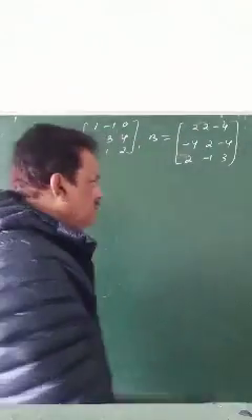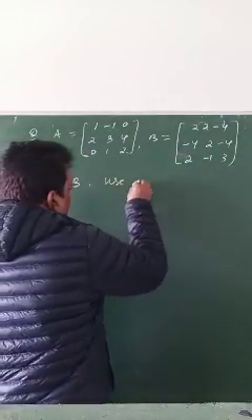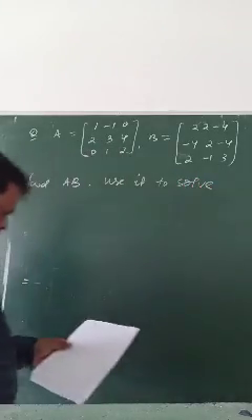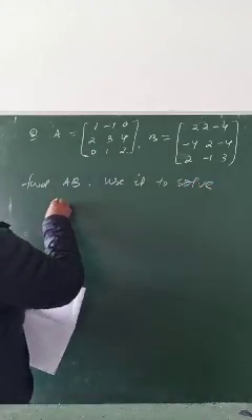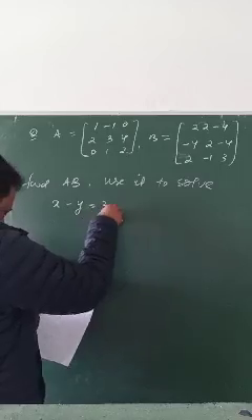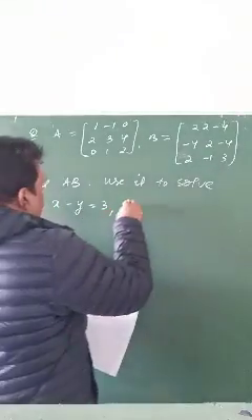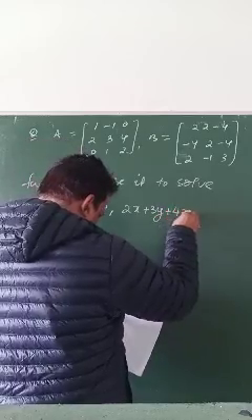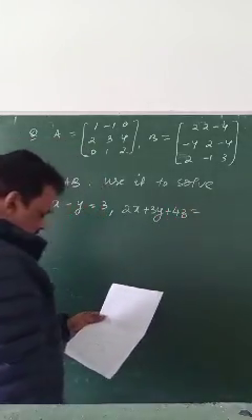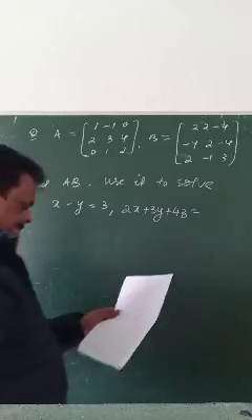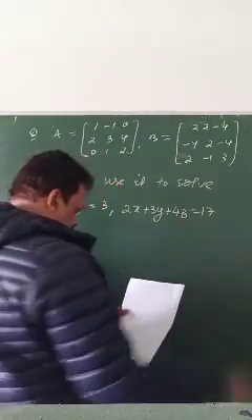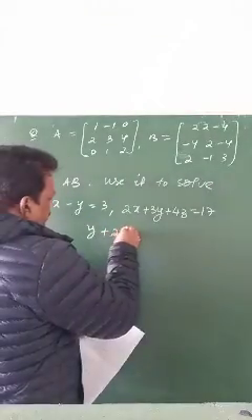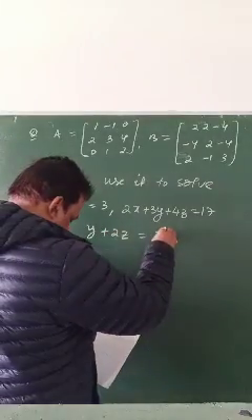Use it to solve x minus y equals 3, 2x plus 3y plus 4z equals 17, and y plus 2z equals 7.